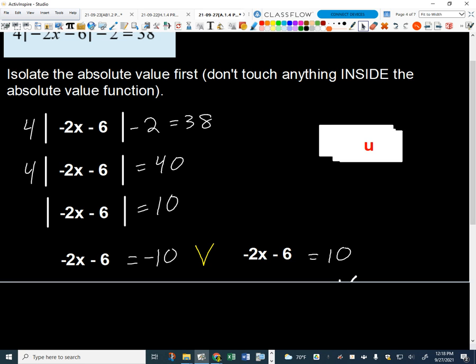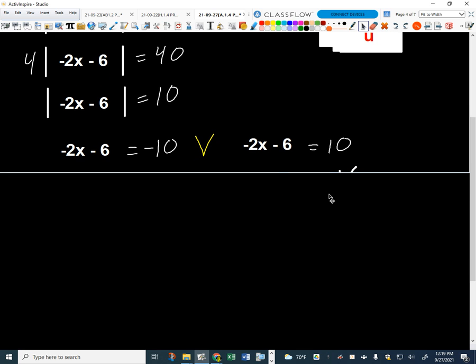Everybody get that? Okay, give me thumbs on this. We probably got to practice a little bit, right? But I can't touch anything in there until I get to this point where I've isolated the absolute value, and then whatever's inside, I'm setting equal to the positive or setting it equal to the negative number. And then I just solve, right?